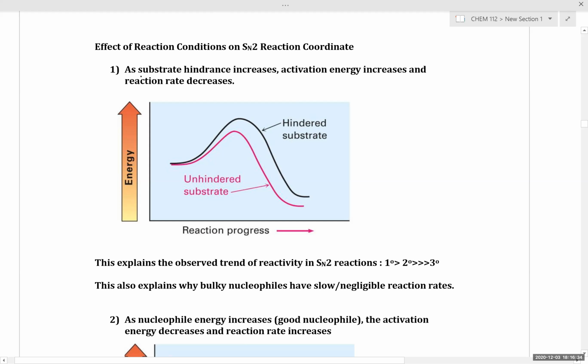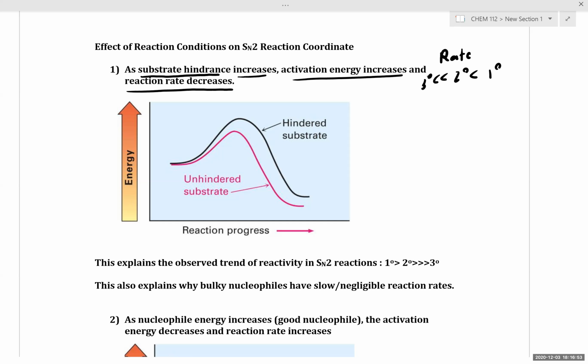As substrate hindrance increases, activation energy increases and reaction rate decreases. Remember, when we talked about the reaction rate, primary was faster than secondary, which is way faster than tertiary. You don't typically see reaction of tertiary substrates via the SN2 mechanism.